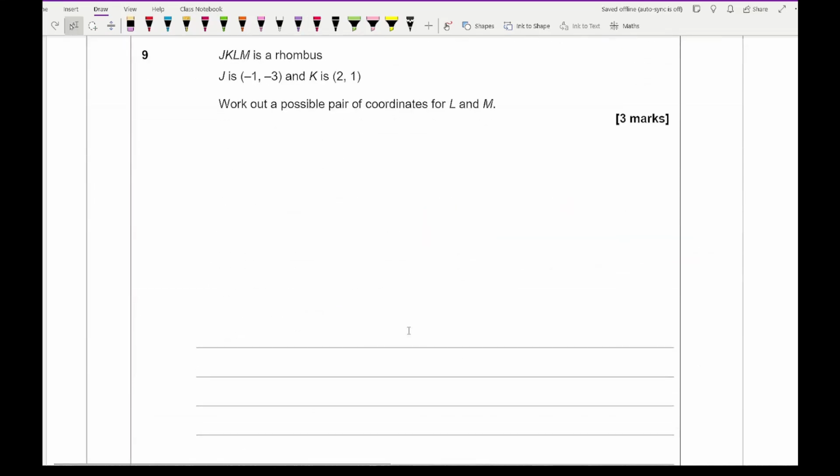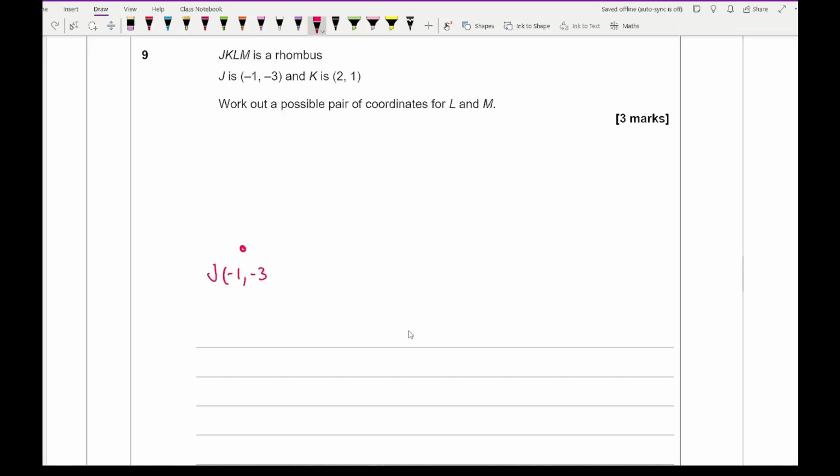Then moving on to question 9, it says JKLM is a rhombus, J is at -1, -3, and K is 2, 1. Work out a possible pair of coordinates for L and M. So again, if I just pick a particular point and call this J, that is at -1, -3.